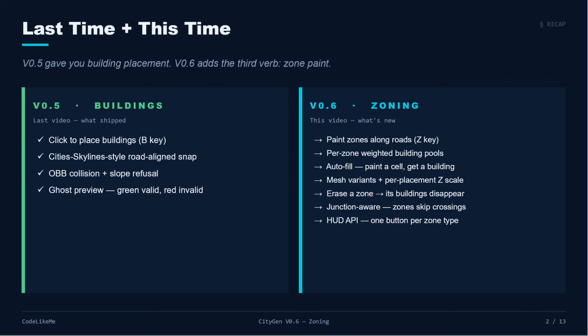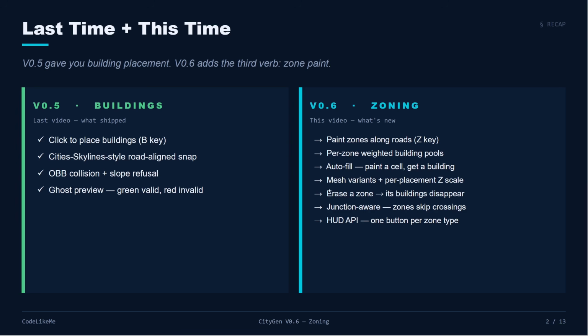All right, this is V0.6. These are what I have done in this video. Paint zones as you just saw here, and paint per-zone weighted building pools. I will explain that in a while. And autofill, that means you paint a cell, you get a building according to the zone you painted.